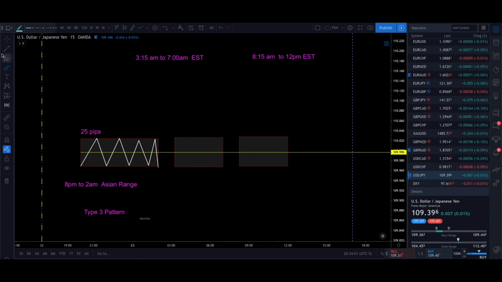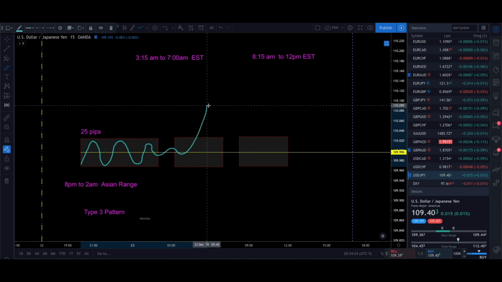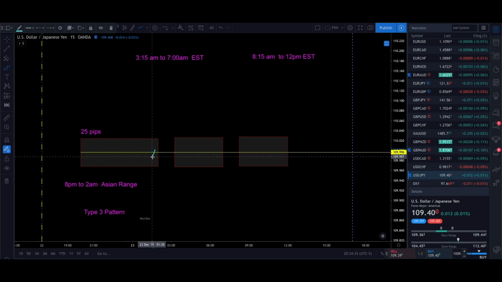If you ever see price that goes up, down, up, down, up, down, and when it gets towards the end of the Asian range, it comes out of the middle like this, this is not a type 3 setup. If you see anything that's coming out of the Asian range from the middle of the range like this, that's not a type 3 setup.